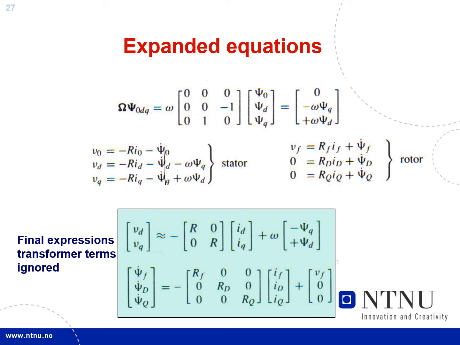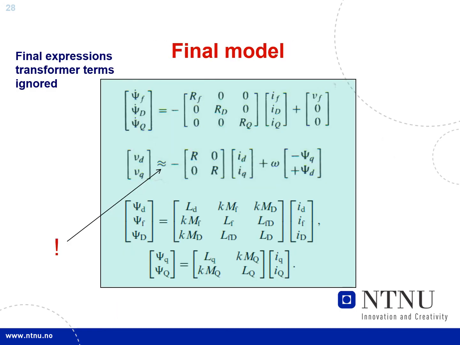Of course, if we do not explicitly model the damper windings, we end up with one differential equation, as also is discussed in chapter 3. So now we're back to that model in a way, and the final equations are listed here with the note that we have neglected the stator dynamics, as we usually say.